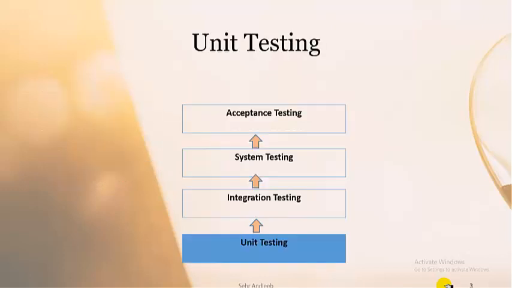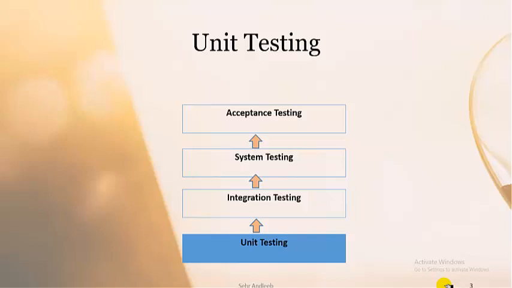So for now, you must know that unit testing is, you can say, the first step towards testing. It's very important, because if the units are okay, then you can integrate those units, and after integration testing you can perform system testing and acceptance testing.